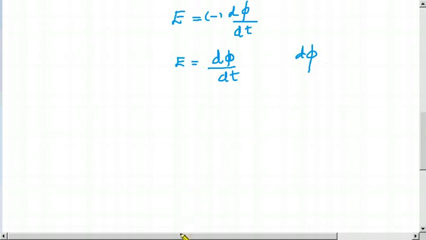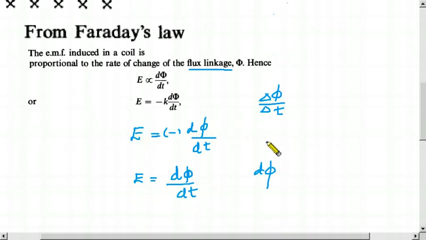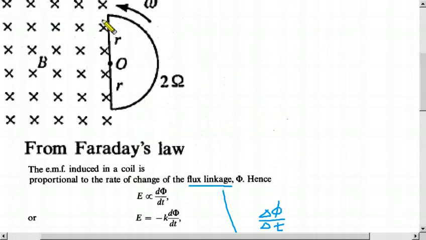D phi is the flux linkage, not just flux, flux linkage. So if they ask what this phi is, it is the flux linkage. So delta phi is the total flux cut by this conductor in a certain time. So how to find out that?